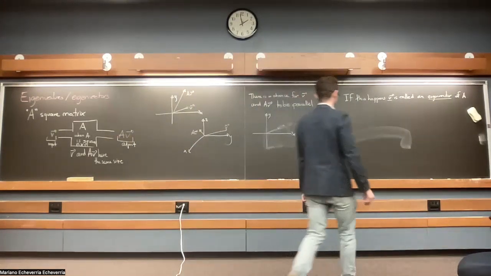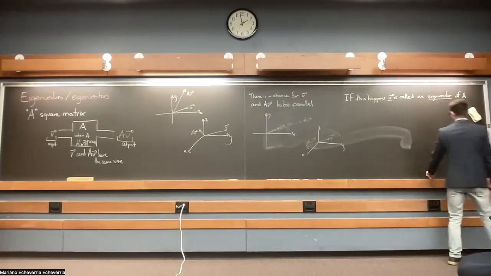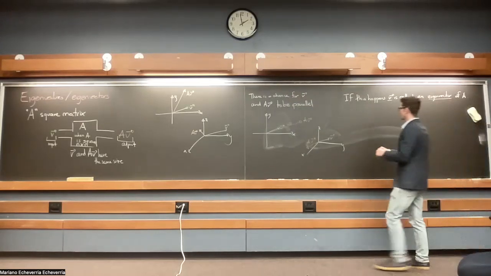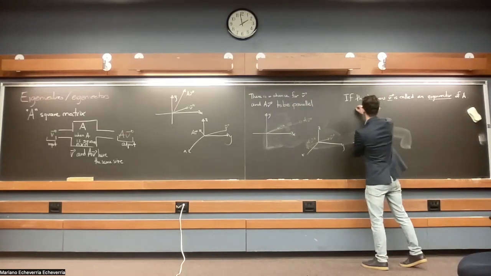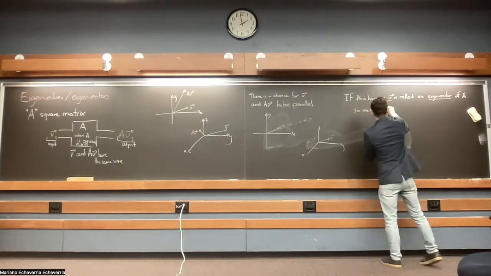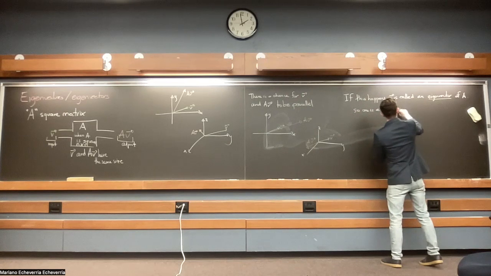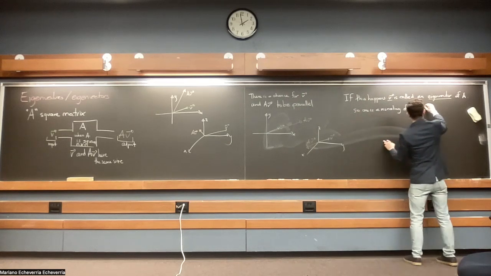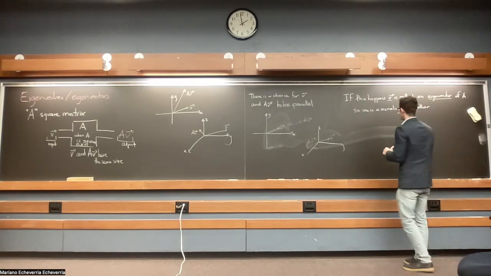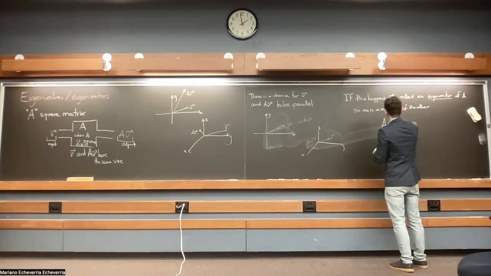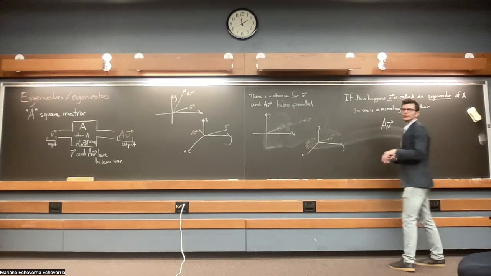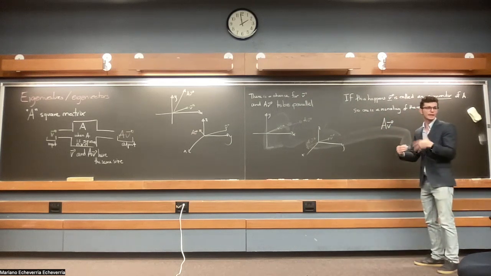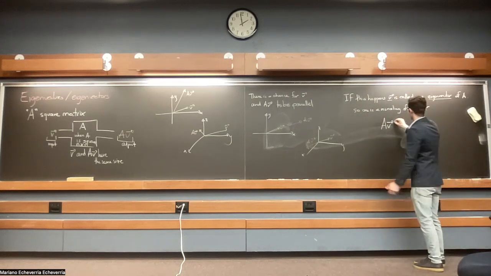So one is a rescaling of the other. The way in which this is typically written is that you have Av. So the output should be a scalar multiple of the input.